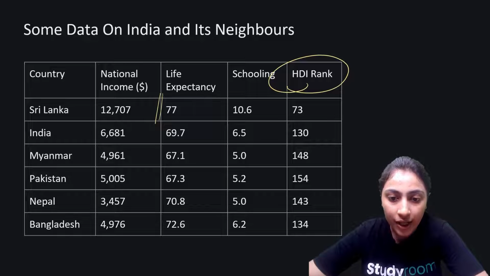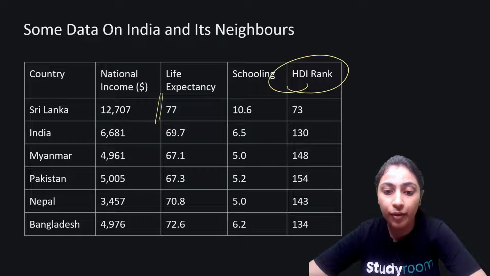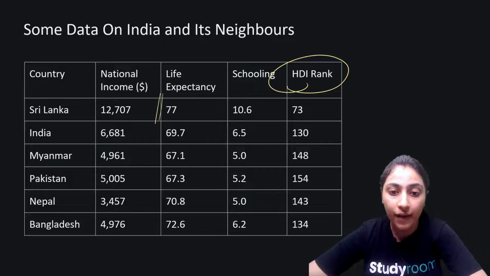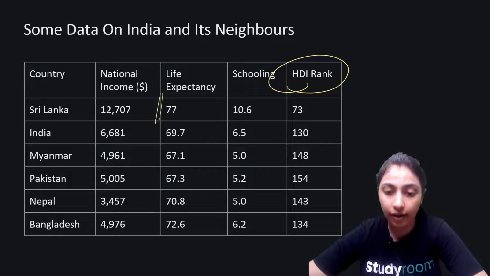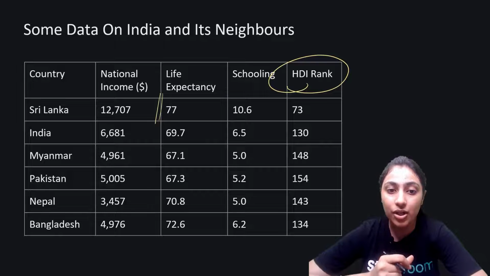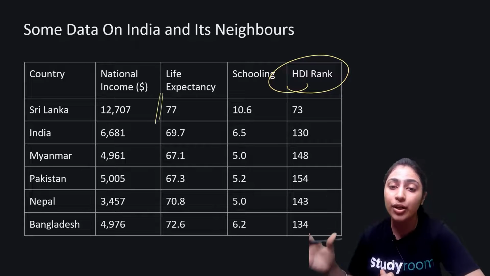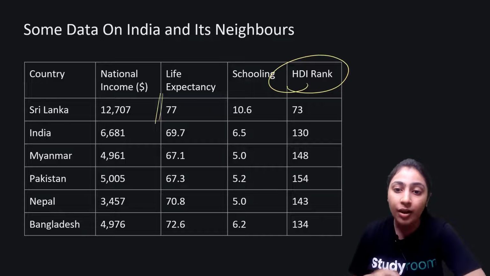That's great. Number 3 will be Bangladesh. Number 4 will be for your Pakistan, and number 5 will be Myanmar and Nepal. So you can see how quickly the ranking is changing when we are digging deeper into each and every aspect.